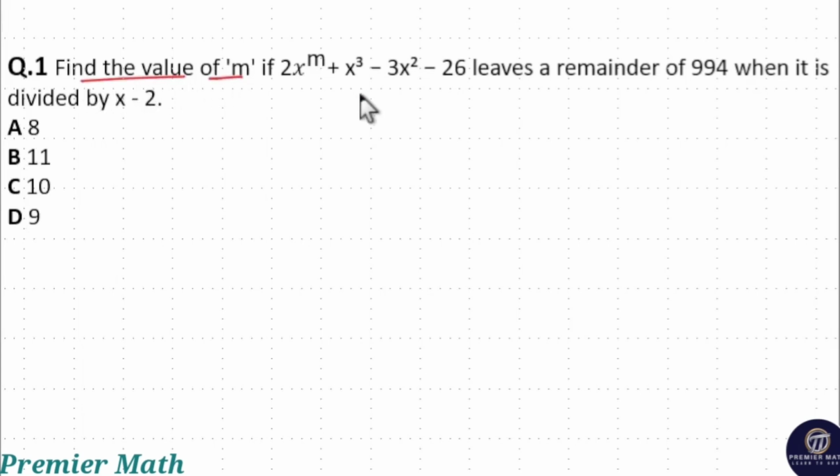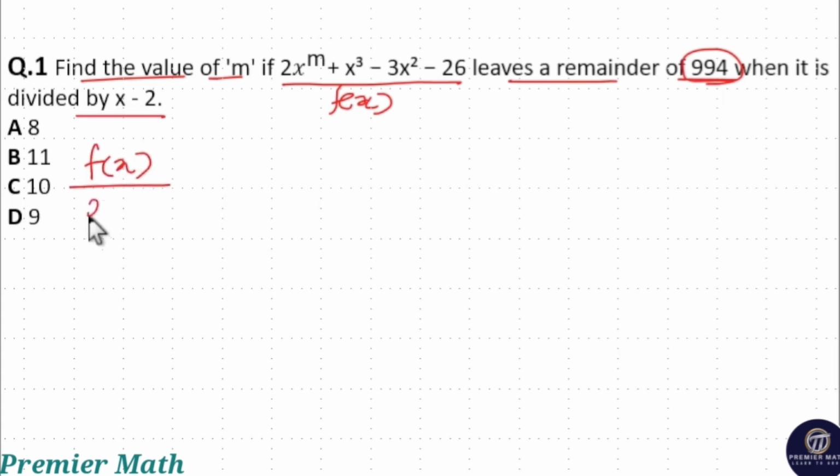Find the value of m if 2x raised to m plus x cube minus 3x square minus 26 leaves a remainder of 994 when it is divided by x minus 2. Consider this function as f of x. Now when this function f of x is divided by x minus 2, it leaves a remainder 994. This x minus 2 goes certain times in f of x. Consider it as quotient q.